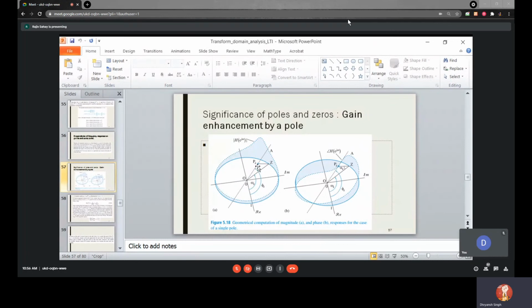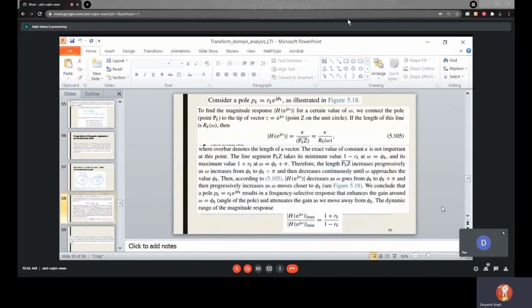OPK is rk, and z is now here. So the angle that z makes with the x-axis is phi k plus pi. So omega is equal to phi k plus pi. This is z here, so this distance is 1 plus rk. So the maximum value is 1 plus rk at omega equal to phi k plus pi.